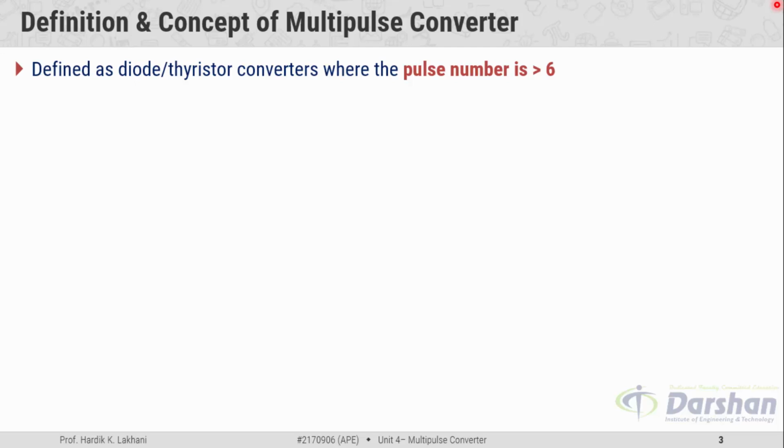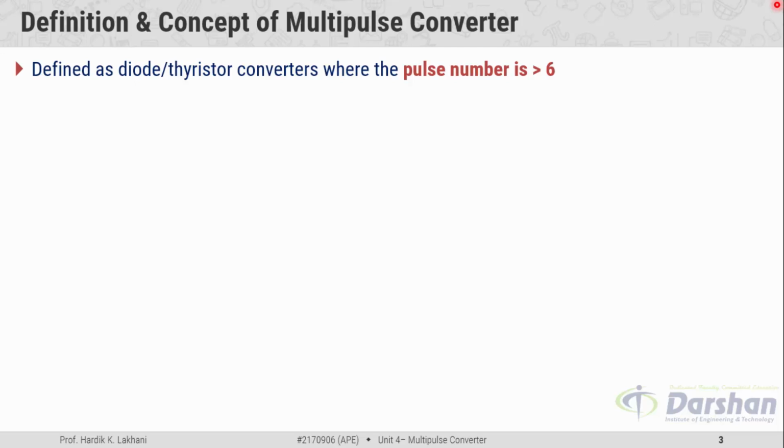Similar to the rectifier, the multipulse converter also converts AC parameters into DC parameters. But the difference is that in the output of the multipulse converter, the number of pulses must be higher than 6. Let me first of all explain the meaning of pulse number.